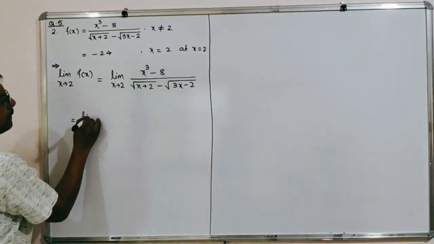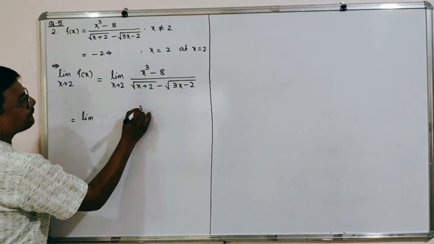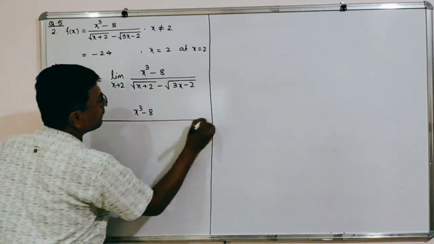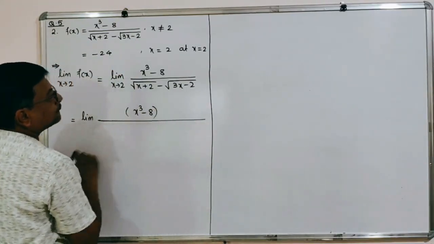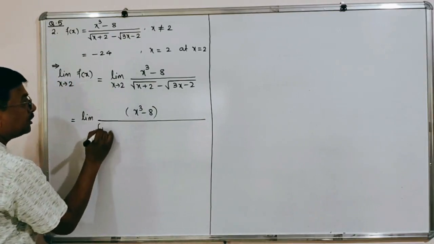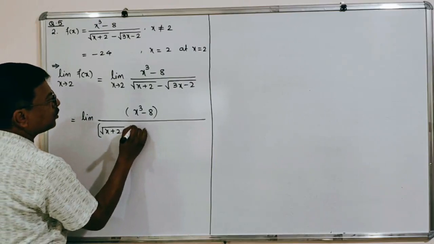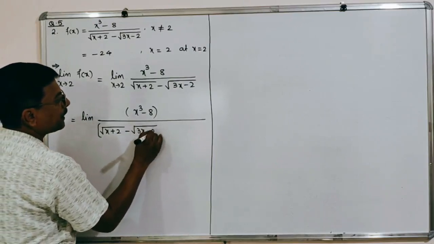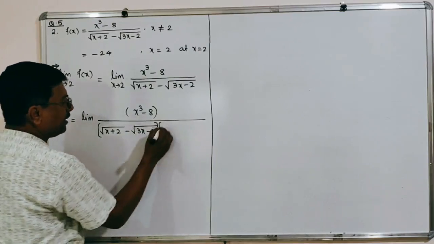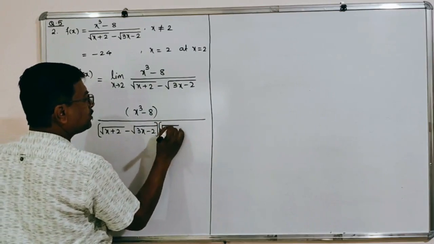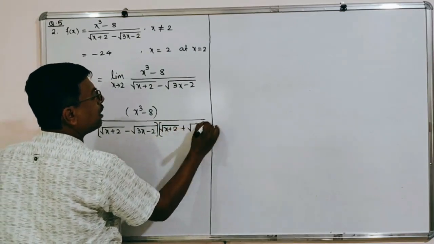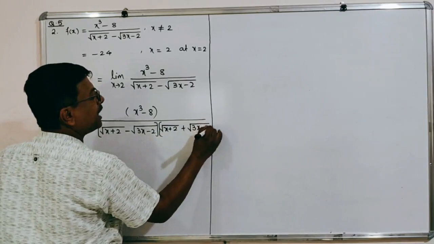Limit of x cube minus 8 divided by under root of x plus 2 minus under root of 3x minus 2 into its conjugate pair, root of x plus 2 plus under root of 3x minus 2.